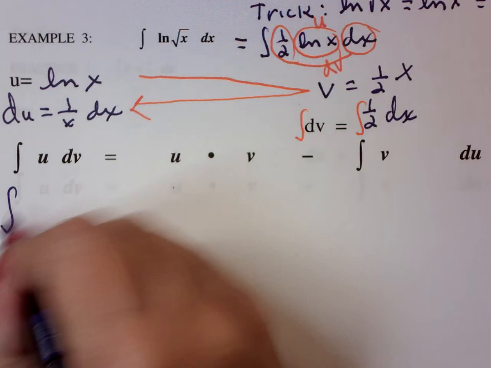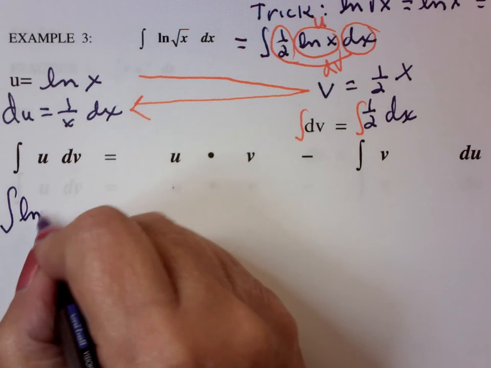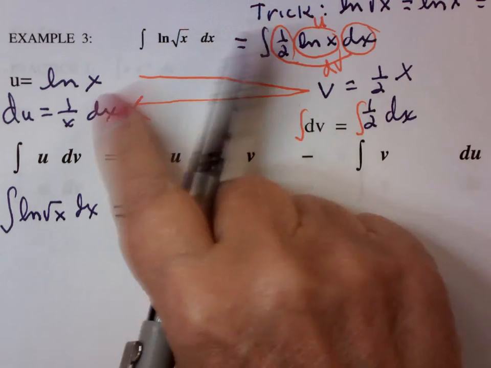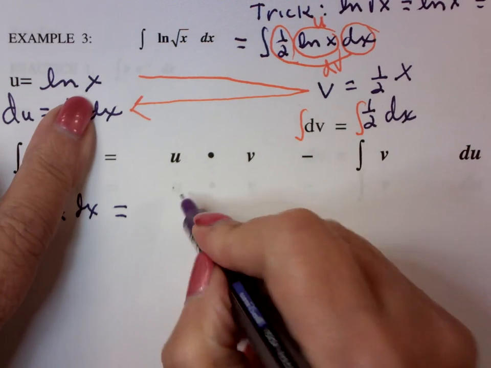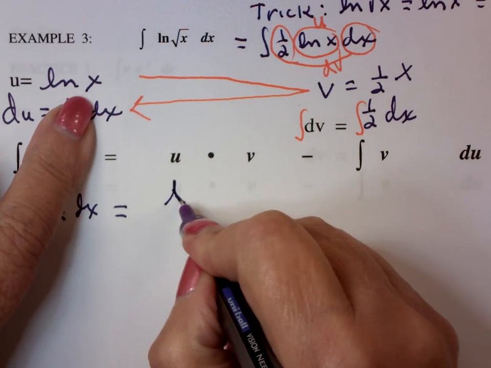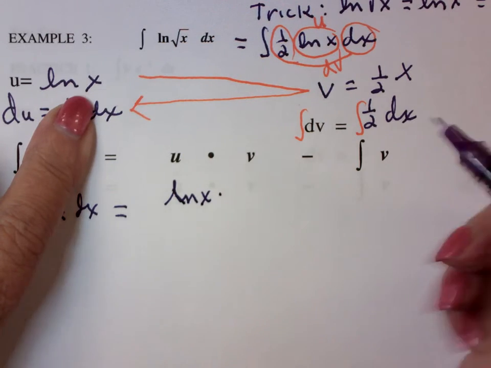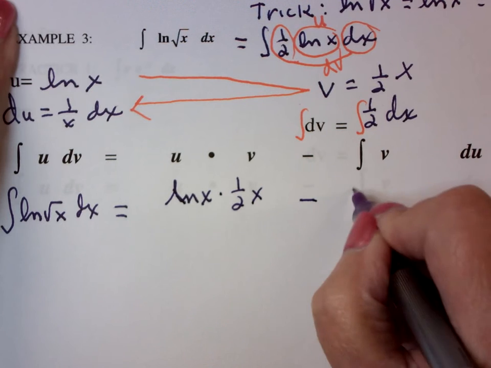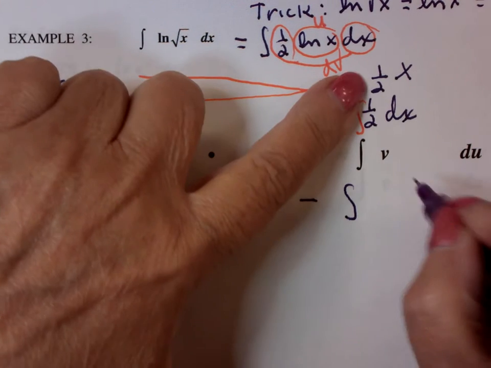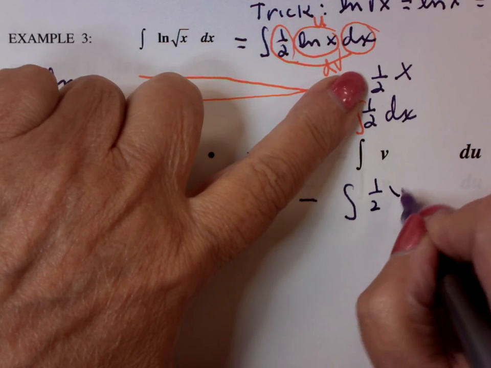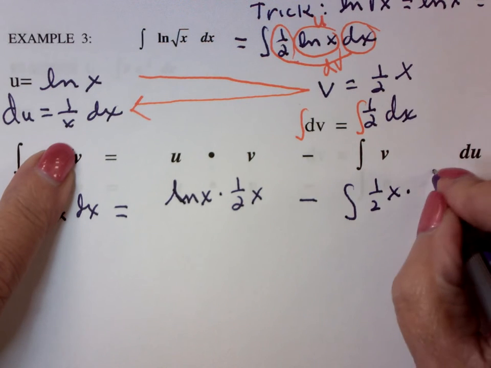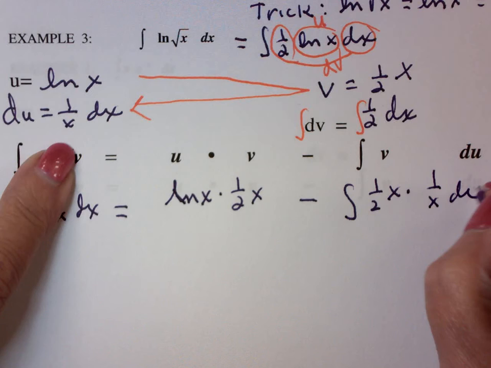So the original problem, the integral of natural log of the square root of x dx, equals u times v. u is the natural log of x, times v, which is 1/2 x, minus the integral of v, which is 1/2 x, times du, which is 1 over x dx.